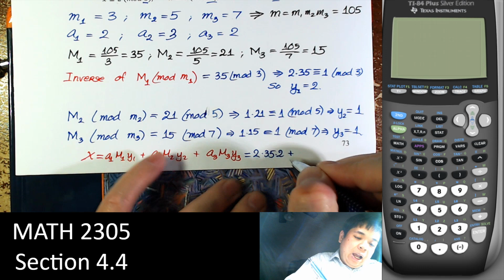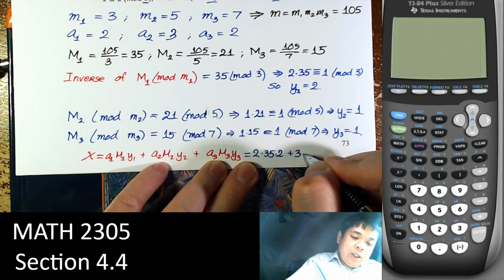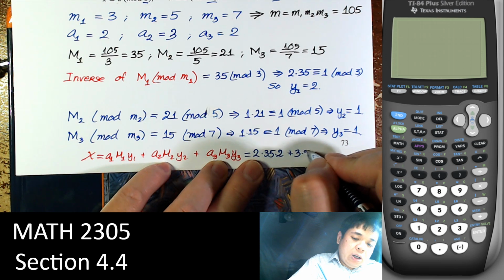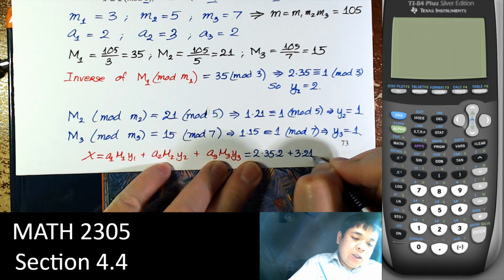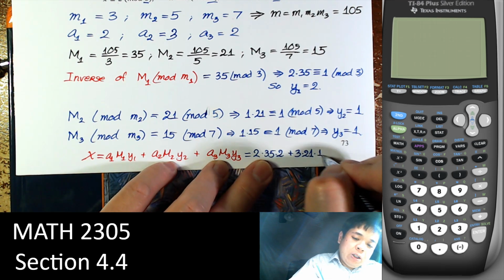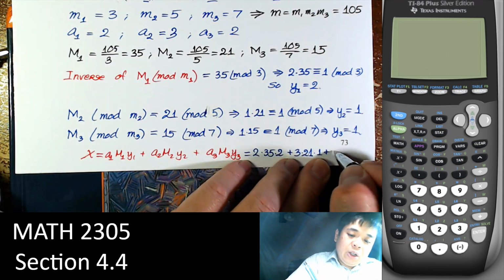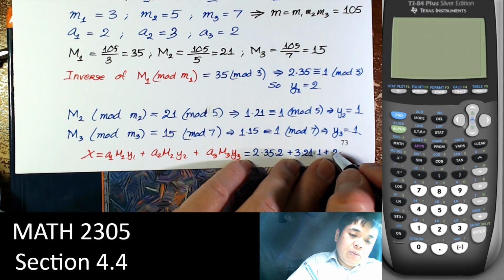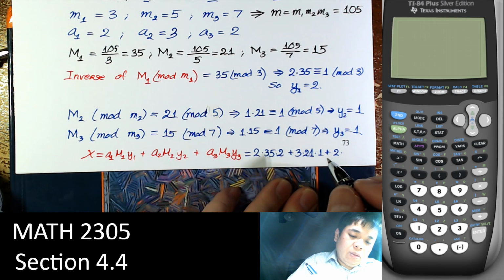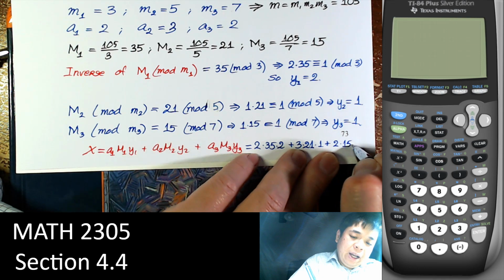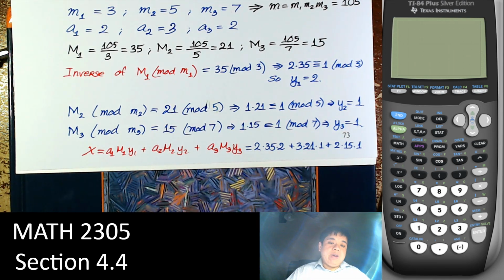And then a2 is 3, M2 is 21, y2 is 1, plus a3 is 2, big M3 is 15, and a3 is 1. So do all that.